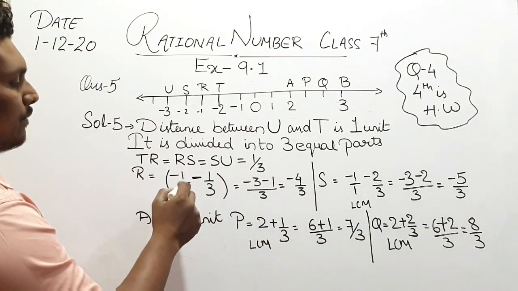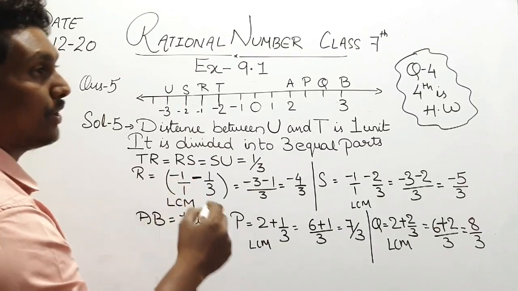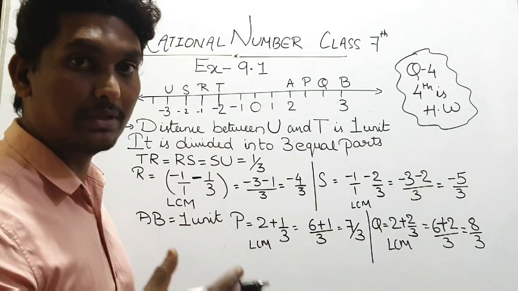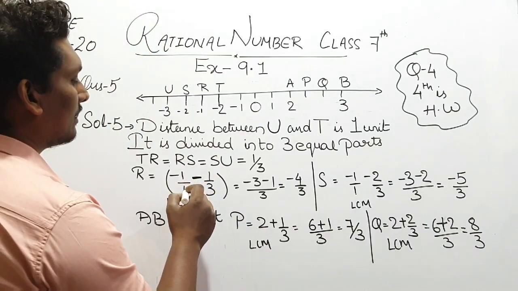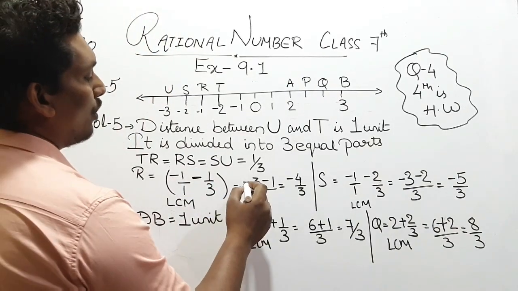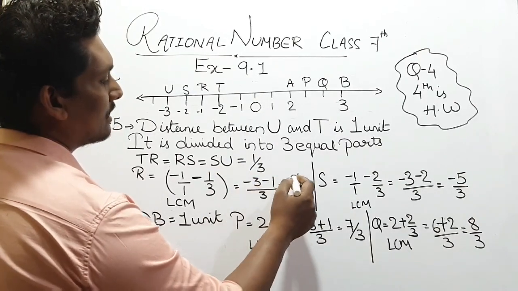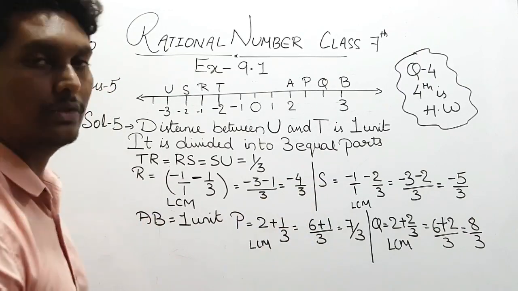So -1 by 1 multiplied by 3, because we have to make the denominator the same, 3. So we multiply with 3 here and 3 here. We will get -3 -1, that is minus will become plus, and this is 4 by 3.